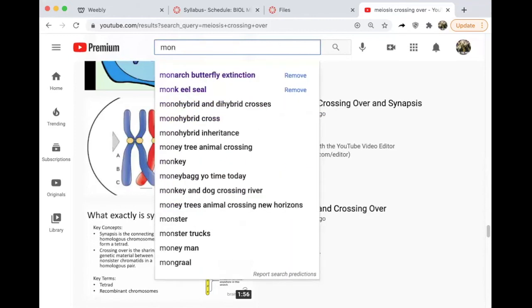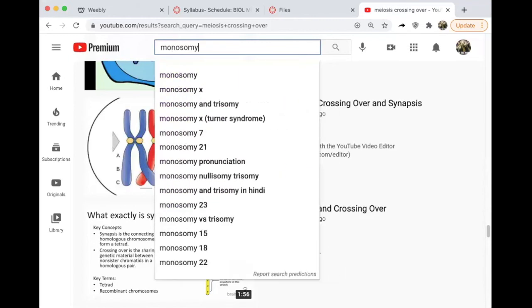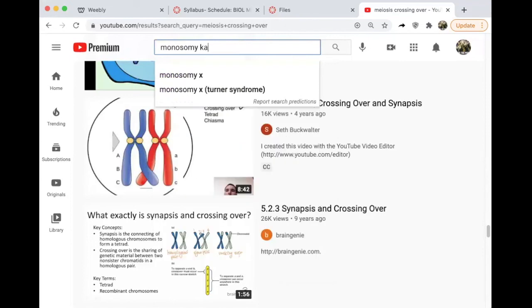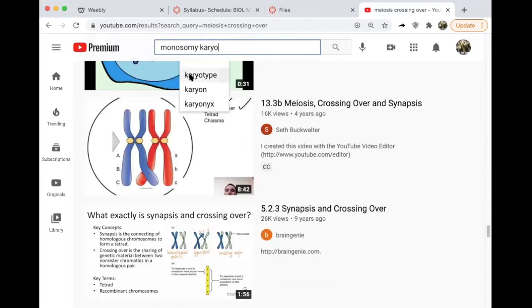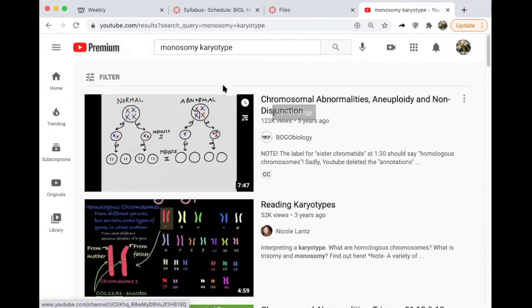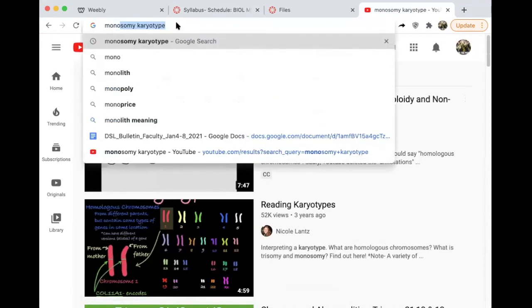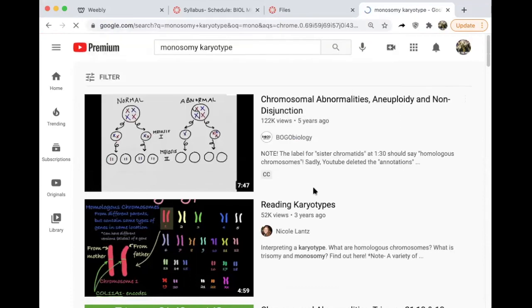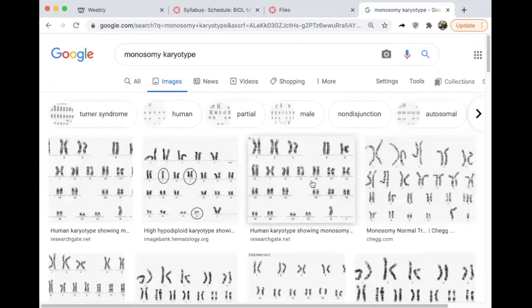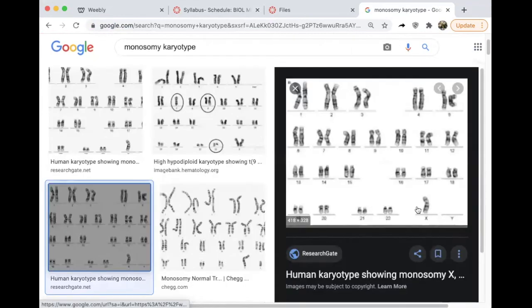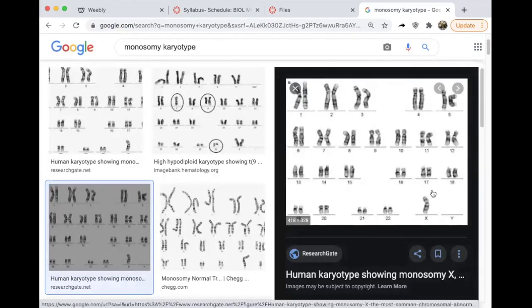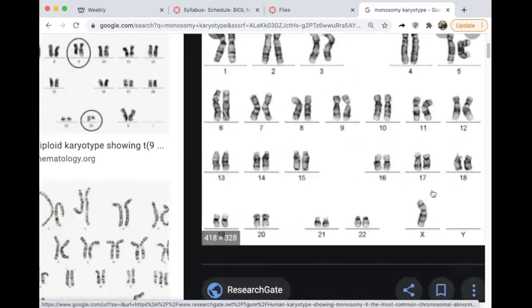So this is a monosomy karyotype. Monosomy karyotype. Here we go. And if you look here, this is the karyotype of someone that has a disorder called Turner syndrome.